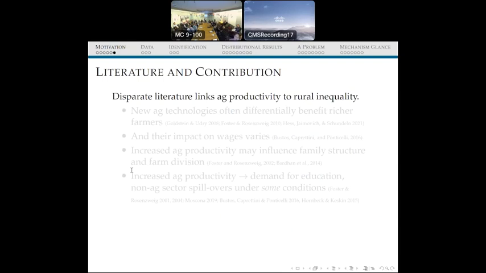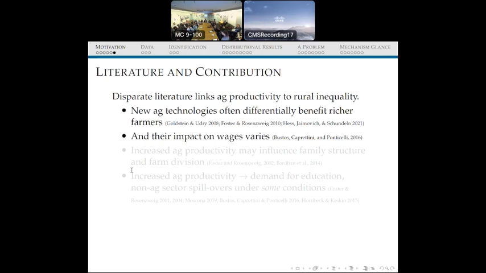So in terms of the literature that we're addressing, I find it surprising how disparate you have to go to link all of these papers, but there's definitely a lot of papers on the relationships between agricultural productivity and rural inequality. For instance, we have a lot of evidence that new agricultural technologies differentially benefit richer or larger farmers, and that they can influence wages in different ways depending on whether the technology uses labor or substitutes for labor, which is obvious.